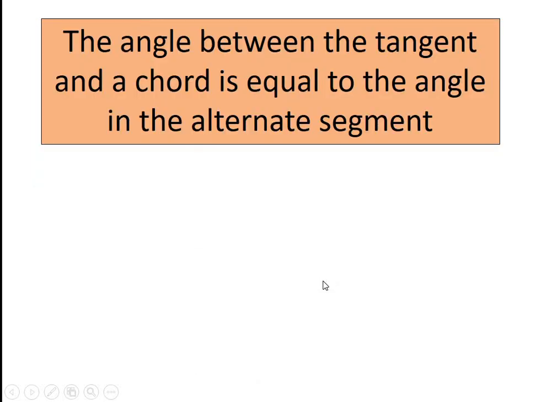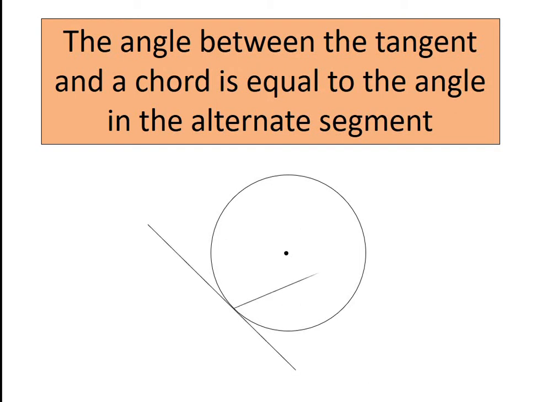The next one, the angle between the tangent and a chord is equal to the angle in the alternate segment. So this is a little theory on its own. It used to be classed as the A-star question. We have a circle, we have a tangent, here's a chord, and if we make that into a triangle in the middle, the angle between the tangent and a chord is equal to the angle in the alternate segment.